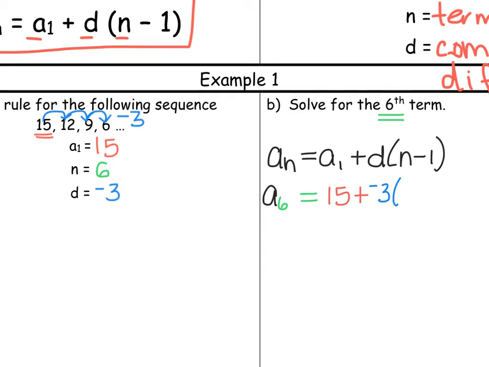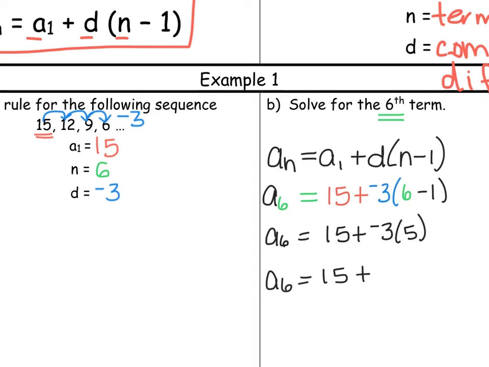And again, it was the sixth term, so we're multiplying the common difference times 6 minus 1. So our sixth term is 15 plus negative 3 times 5. Our sixth term is 15 plus negative 15. So our sixth term is 0.